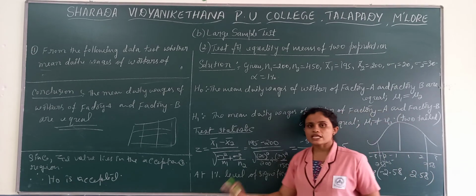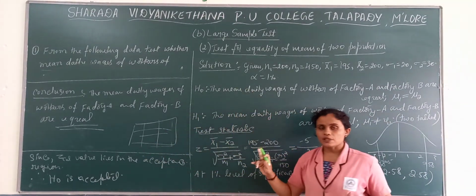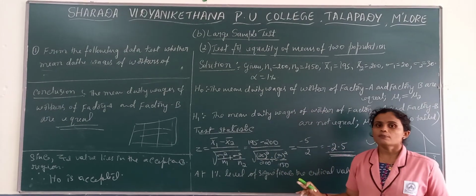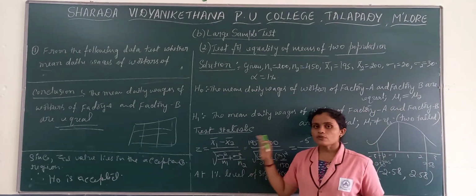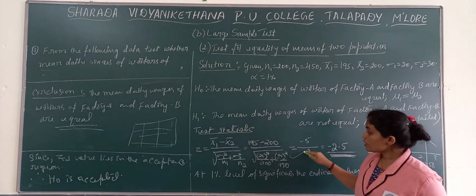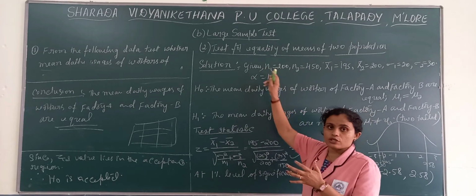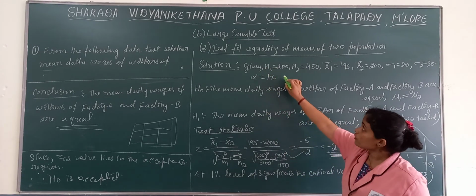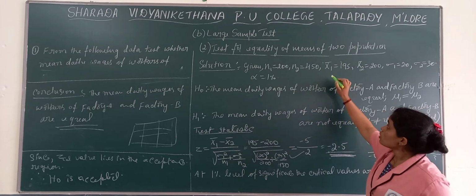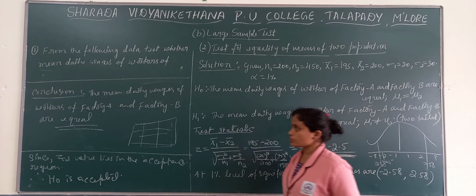So here also we have the same possibilities that we saw in the first application, test for population mean. The difference is that here you get two sets of information: n1, n2, x bar 1 and x bar 2, standard deviation 1 and standard deviation 2.